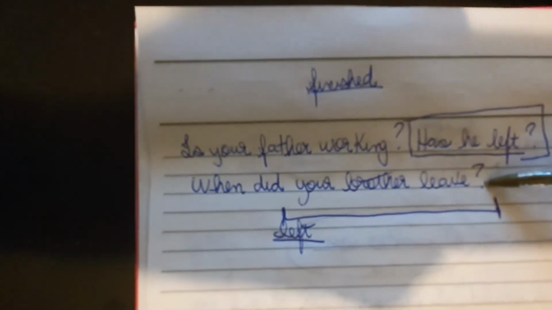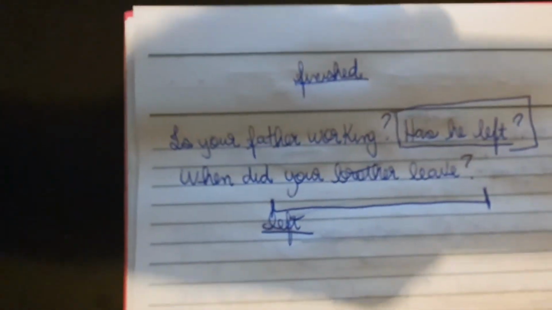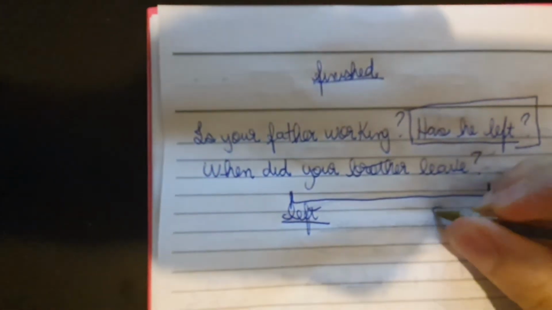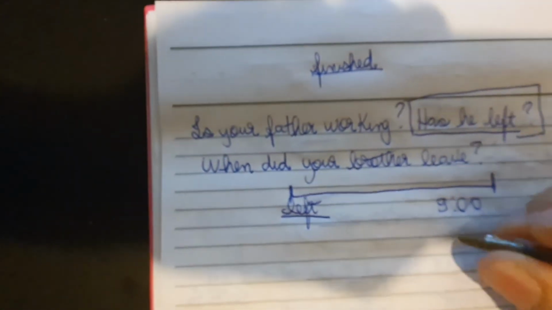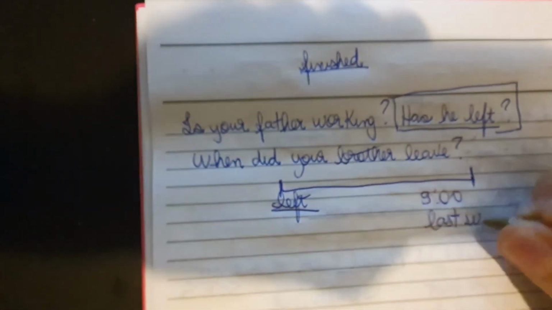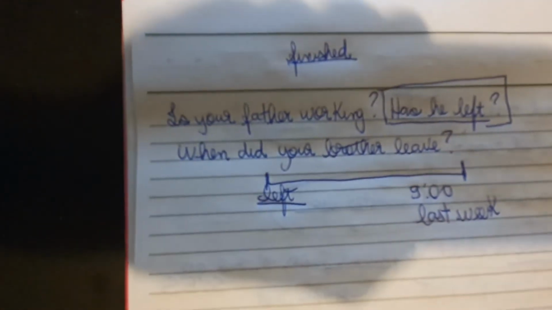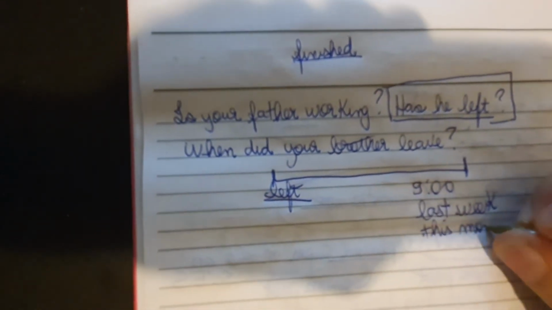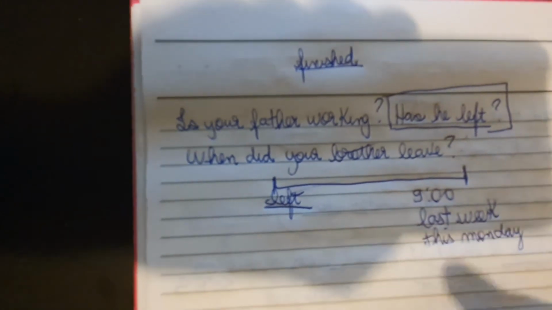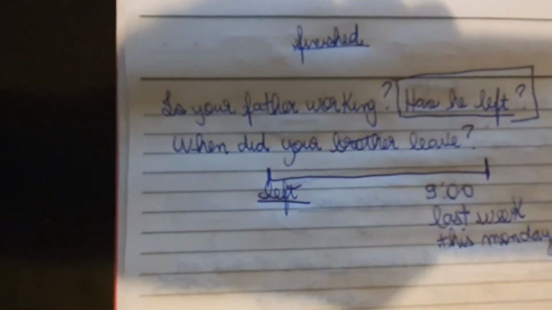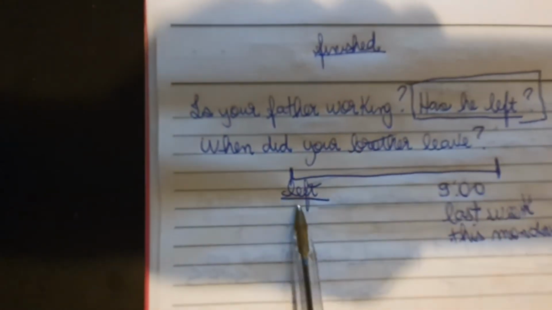The doubt here is the exact time. I don't know when he left. He may have left at 9. He may have left last week. He may have left this Monday. Okay, so you don't know when he left, but you are sure that he left.